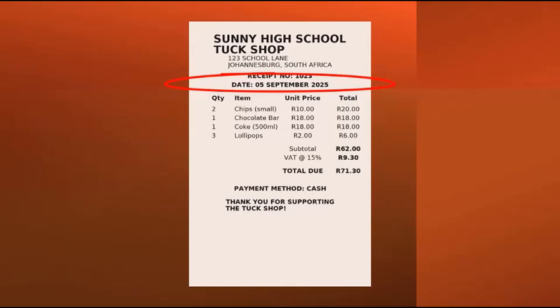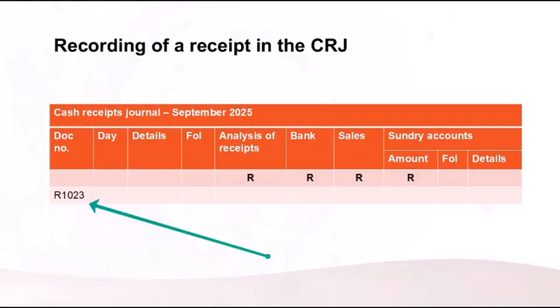So let's go back to our cash receipts journal and record our document number. In our first column, the document number column, we need to write down our receipt number. We will use a prefix R to indicate that this was a receipt.